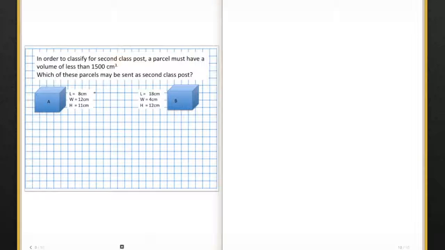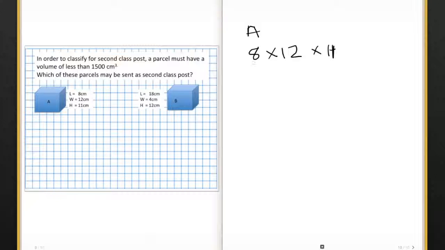Next question. This is similar to yesterday's one, where we've got to work out the volume of the parcels and check that it's less than 1500 centimetres cubed. So if I do parcel A, remember that volume is length times width times height, times 11, right?